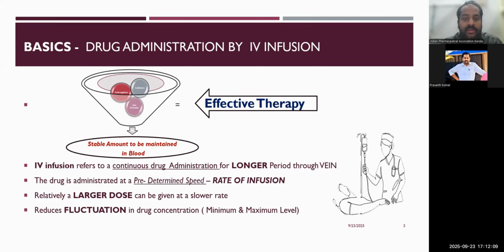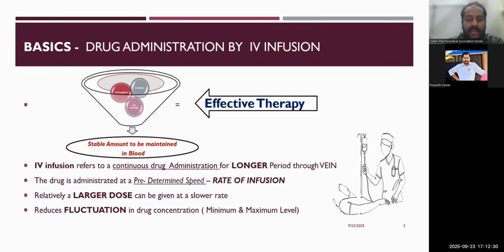So continuous IV infusion refers to the continuous administration of a drug for a long period of time through vein, more than the half-life period of a drug, elimination half-life specifically.